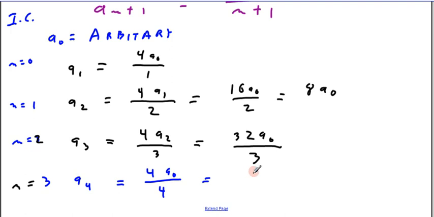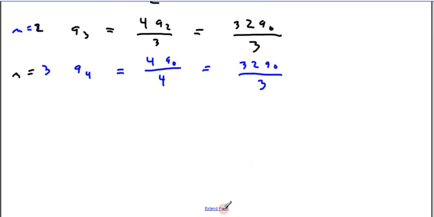Okay, so that's going to be another 32 A0 divided by 3. Okay, so now I've got the first 1, 2, 3, 4, 5 terms. And normally that's what I ask you for, is the first 5 coefficients.